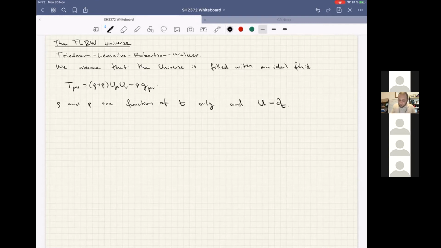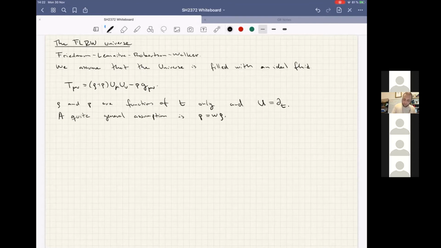However, we can also assume something about the equation of state of the fluid. So let's do the following. A quite general assumption is that the pressure is given by some equation of state parameter w multiplied by the energy density rho.